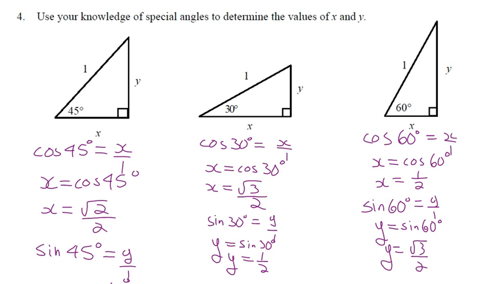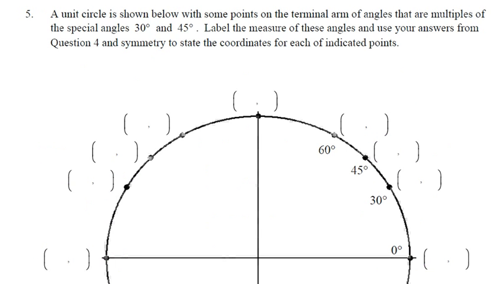The x value, if that's on a unit circle with a radius of 1, you got a point (x, y). That point is really cos theta, well in this case cos 45 degrees, sine 45 degrees.